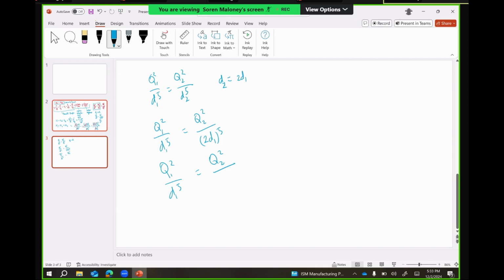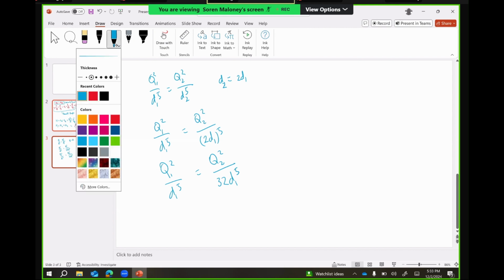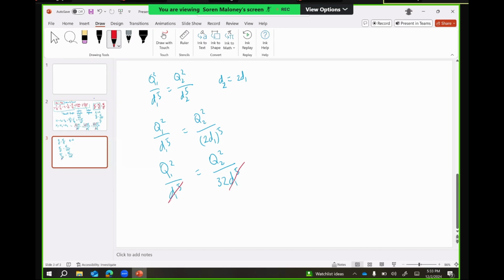2 to the power of 5 is 32, so I can eliminate the D1s. Then I have Q2 squared is equal to 32 Q1 squared. But I know what Q1 is. The problem said Q1 was 0.003 or something like that.